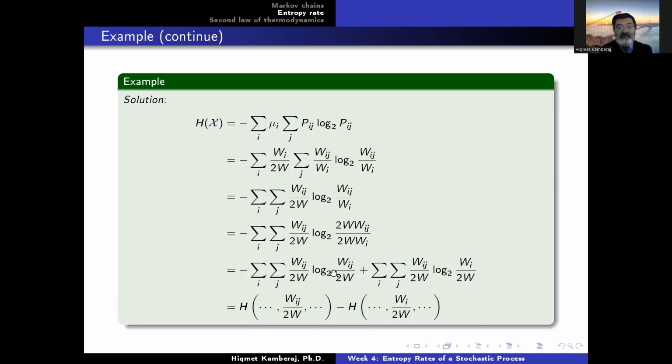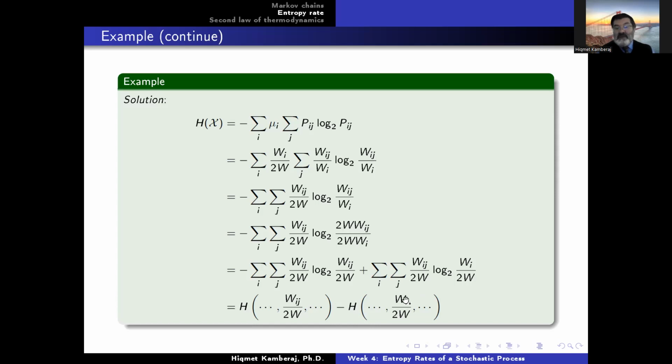Now you could notice that the first term gives me the Shannon entropy with probability distribution wij over 2w. Then the second term with minus in front gives me the Shannon entropy, but with probability distribution wi over 2w.